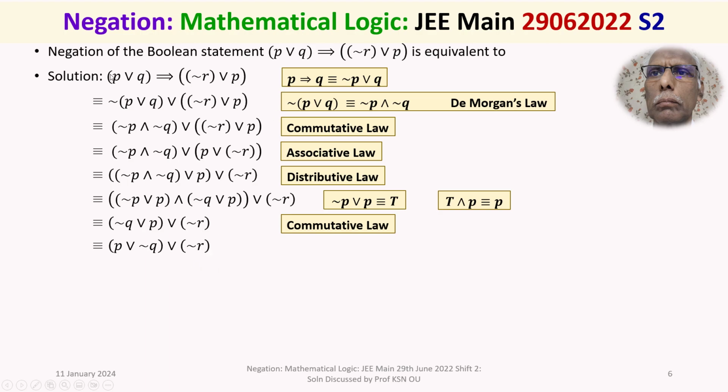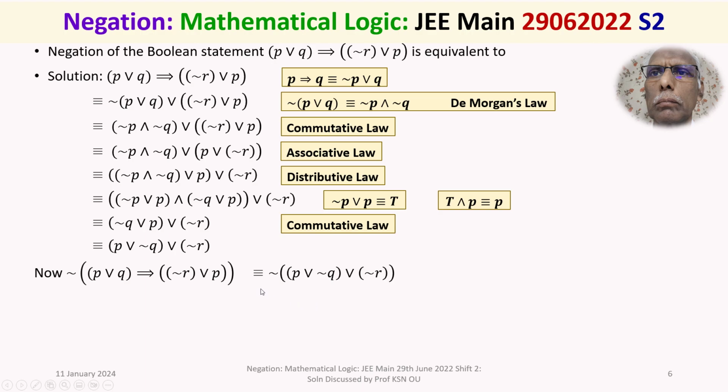So now we take the given Boolean statement and take the negation. The negation of the given Boolean expression is equivalent to the negation of what we have obtained here, that is P or negation of Q, in brackets, or negation of R. Agreed.